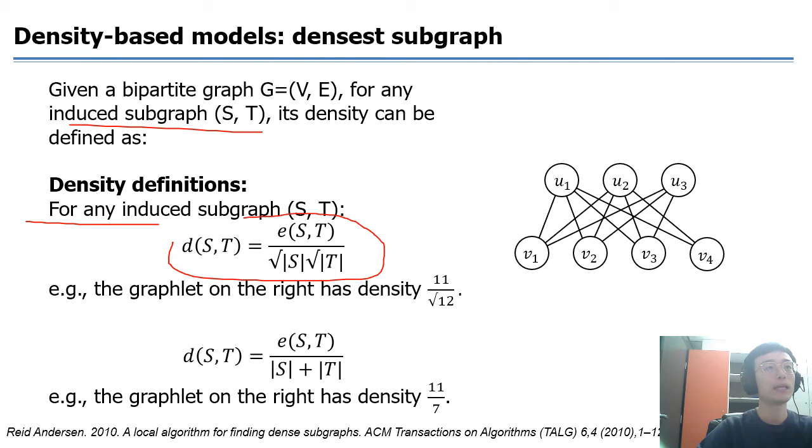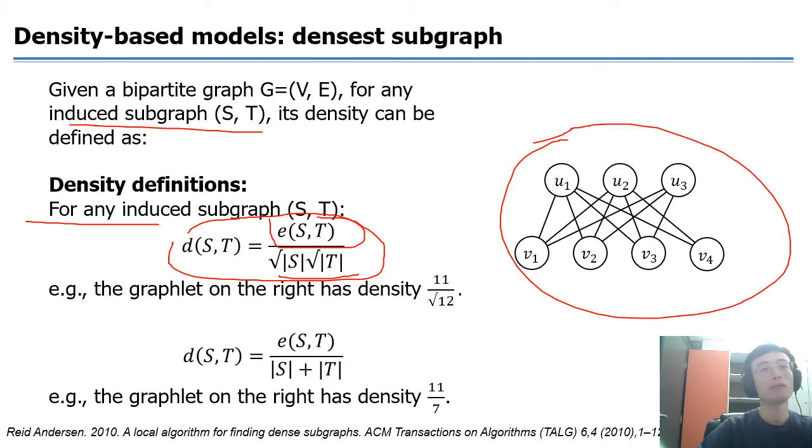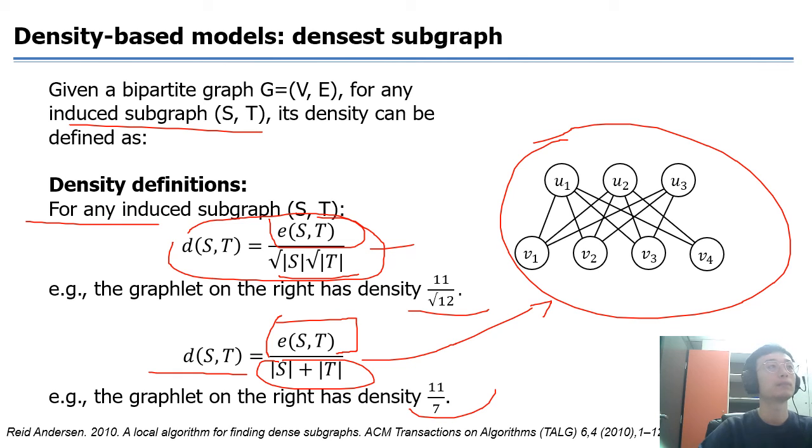We can use the number of edges divided by the square root of the number of vertices. In this example, if we compute using such a metric, we can compute this density. Another way to define density is using the number of edges divided by the number of vertices. If we compute the density using this metric, we will have a different result.